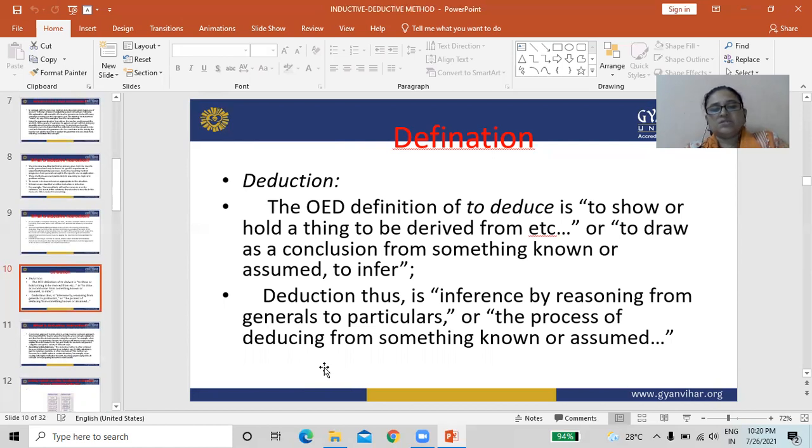Deduction thus is inference by reasoning from the general to the particular, or the process of deducing from something known or assumed.